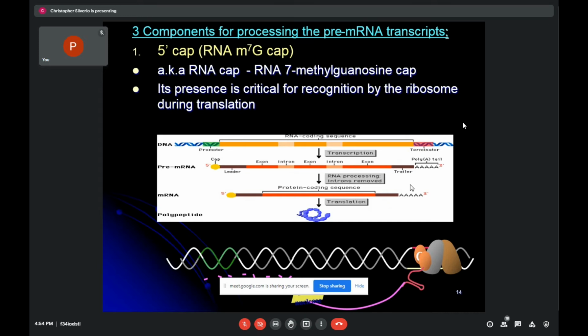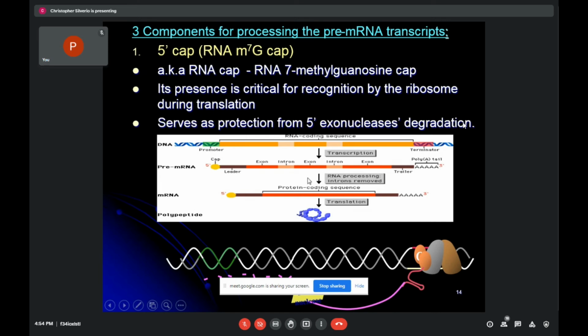So now you should understand why the ribosome could recognize the messenger RNA: because it contains the 7-methyl guanosine cap. Another thing, it also serves as protection from 5' exonuclease degradation.